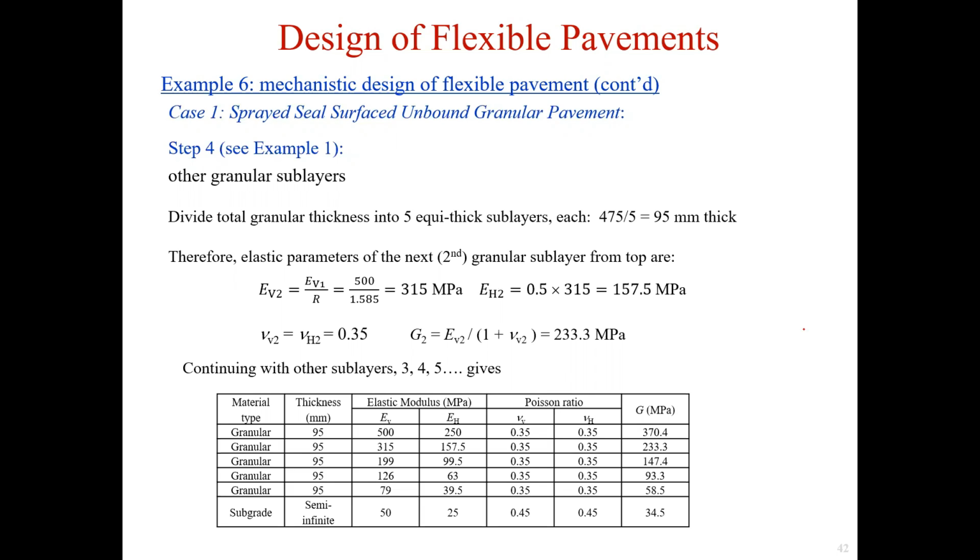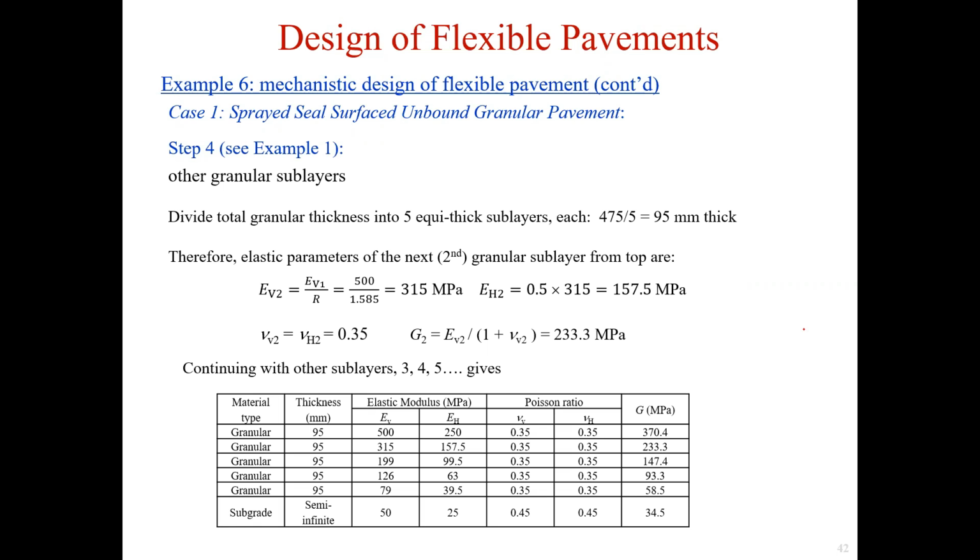Step 4 is the calculation of the elastic parameters for the other granular sublayers. We divide the total granular thickness into 5 equally thick sublayers, with 95 millimeter thickness for each layer. The elastic parameters for the second granular sublayer from top are EV2 equals EV1 divided by R, equals 315 megapascal.